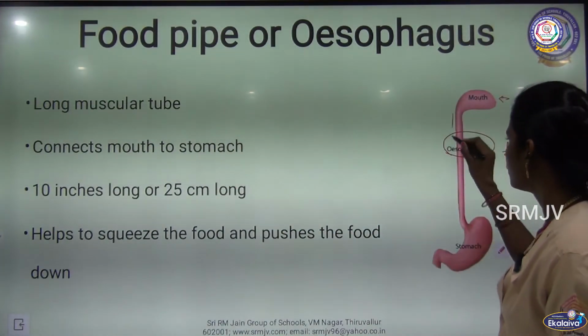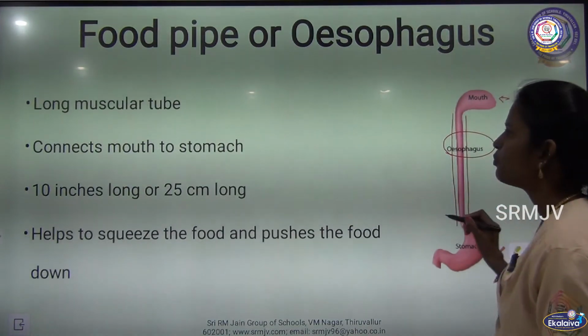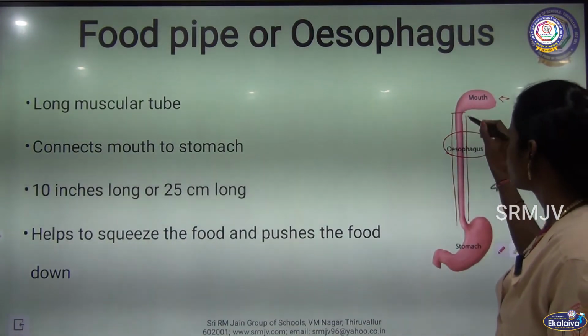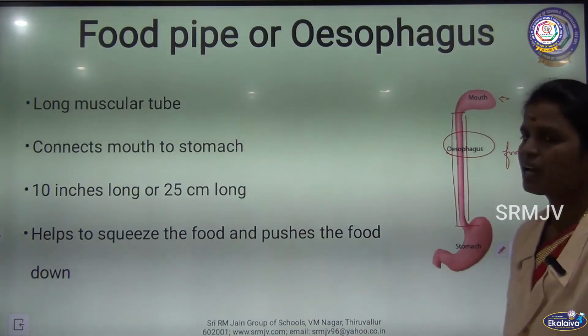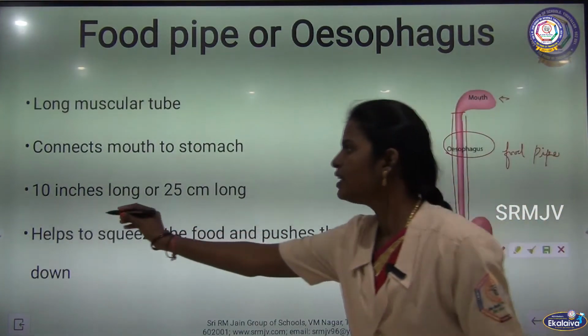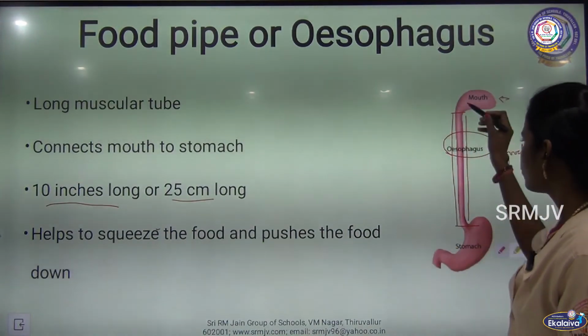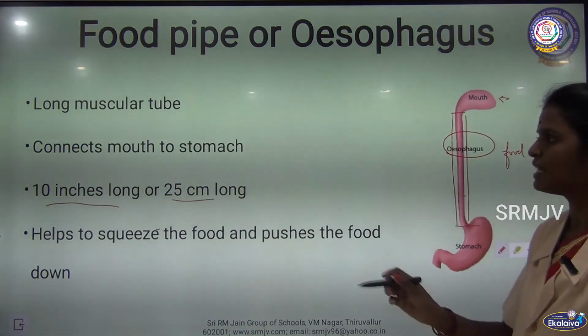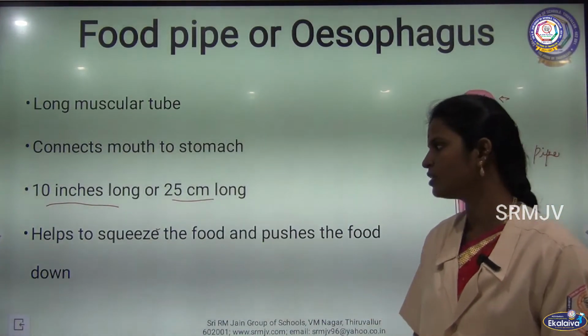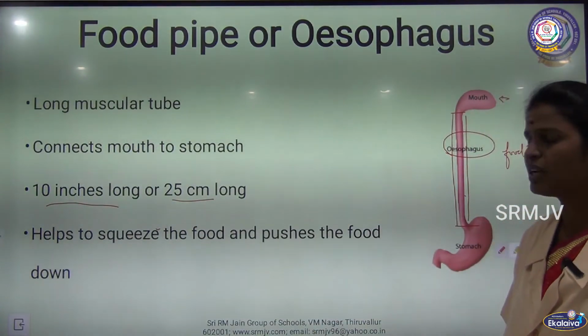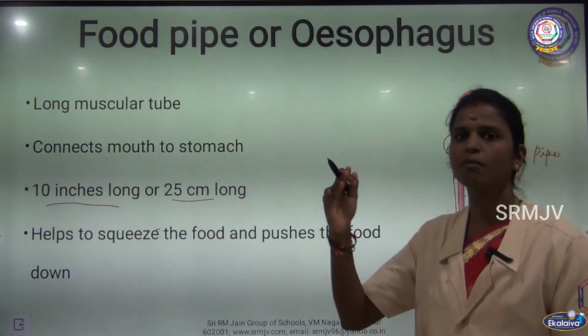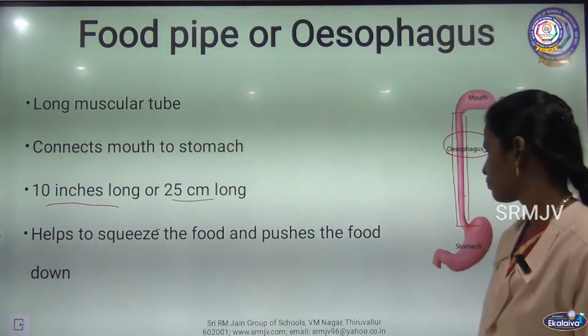It is a long muscular tube, and it connects the mouth to the stomach. The size of the food pipe or esophagus is about 10 inches long, or 25 centimeters. It helps to squeeze the food and push the food down from the mouth to the stomach.